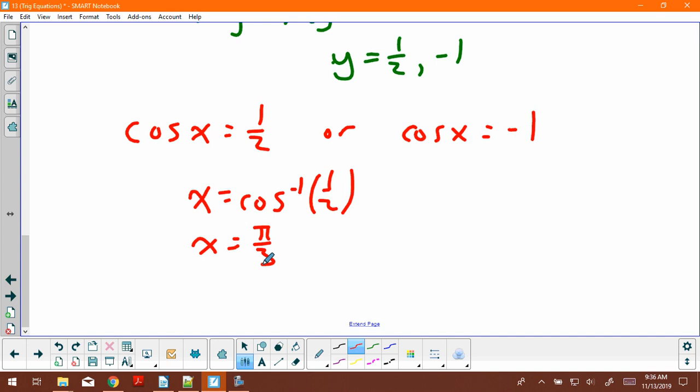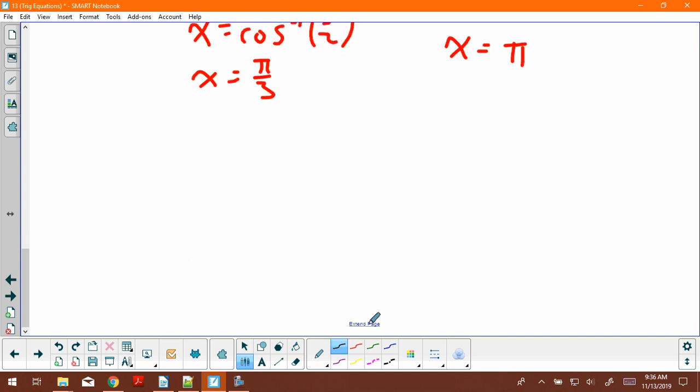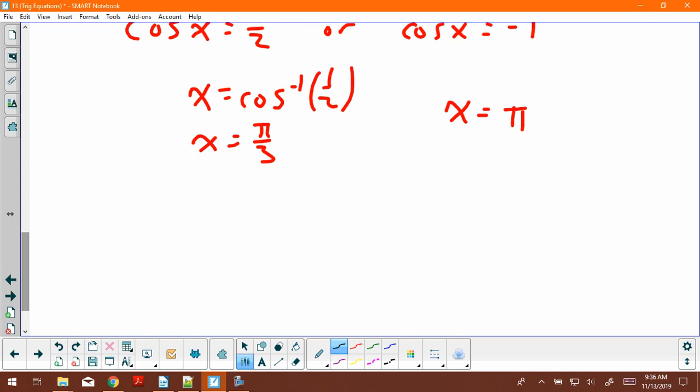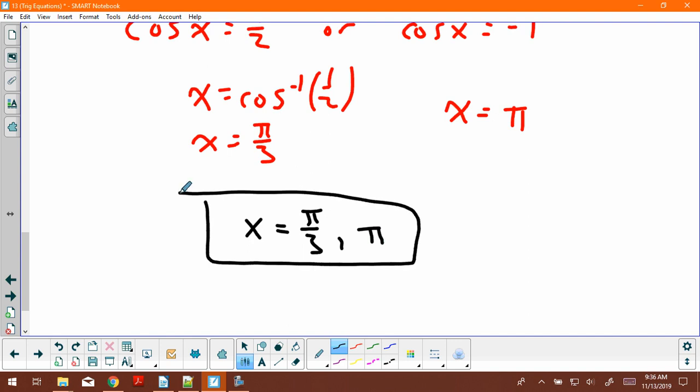And for -1, we did that one earlier, x would be equal to pi. So our two solutions to this equation, which is really quadratic in cos, is that x equals pi over 3 and pi. And we're good.